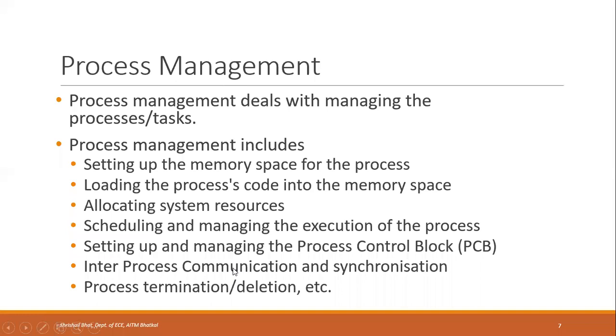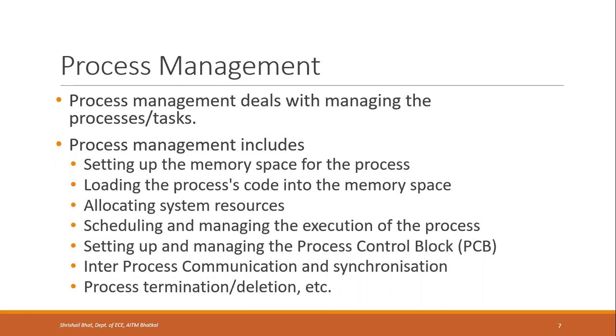Then setting up and managing the process control block. You know that each process has a process control block which contains its IDs, different registers, and different things involved with that particular process. To set up and manage that process control block is used in turn in scheduling the process. Then inter-process communication and synchronization. When more than one process is running, there has to be proper communication between these processes and they have to be synchronized.